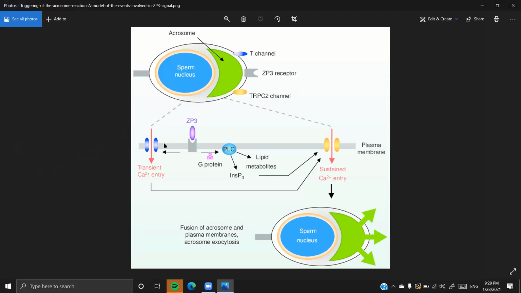I have told you that you're going to have the binding with the ZP3 receptors, the calcium influx into the sperms, right? See, the calcium influx. And later these vesicles undergo acrosomal exocytosis, and this wall is going to be dissolved out. Now it will be moving further inside towards what? Towards the oocyte membrane. So this is acrosomal reaction.